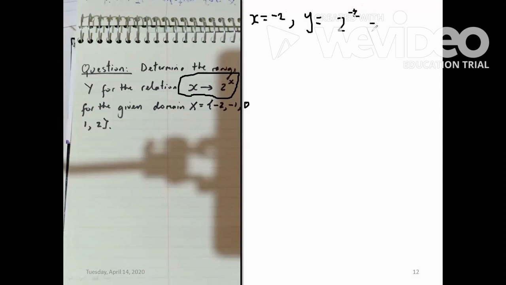Now, there's a law of indices that says that a to the negative 1 is 1 over a. For example, if I have 2 to the negative, say, 6, it's going to be 1 over 2 to the positive 6.